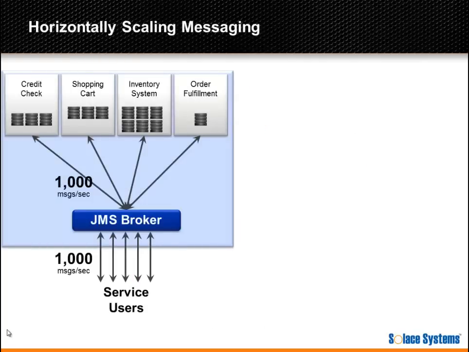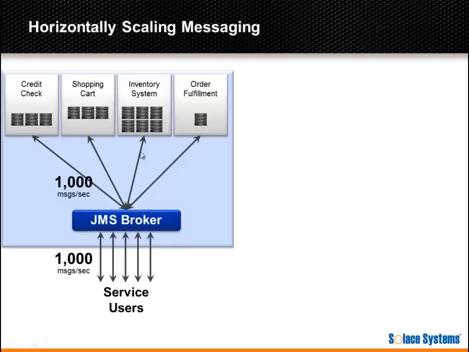Let's now look at a typical enterprise service bus, or ESB. Here we show 4 applications, each with multiple instances, accessed either directly by service users or by internal applications in a service-oriented architecture approach. There can be different numbers of instances for each application depending on transaction processing rates per application and demands for these transactions.